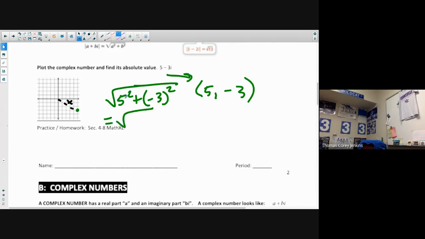So that'd be the square root of 25 plus 9, which is 34. And then you'd want to break that down if you could. 34 breaks down to 17 times 2, so you can't really simplify that. So its distance is the square root of 34 units, right? So this is a pretty easy question to work out as long as you know what you're being asked.